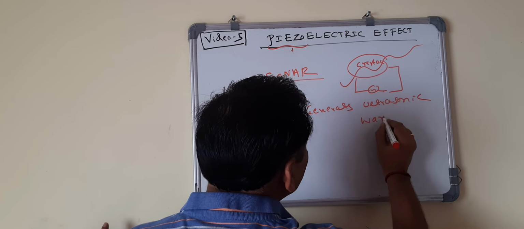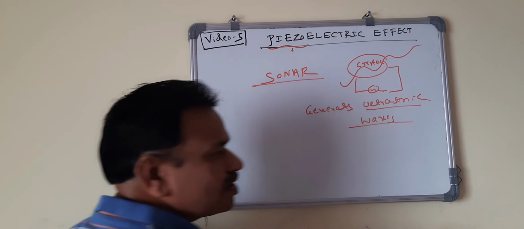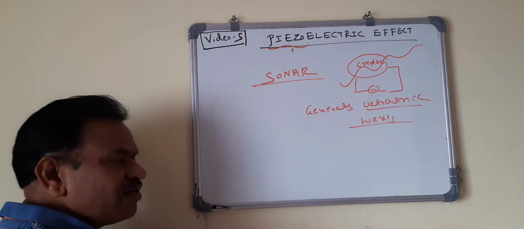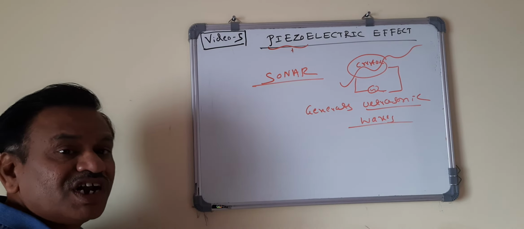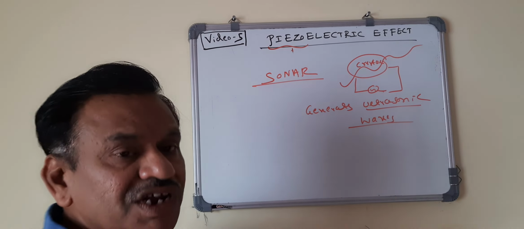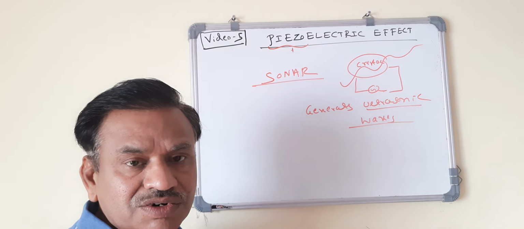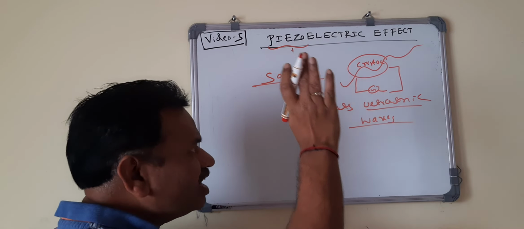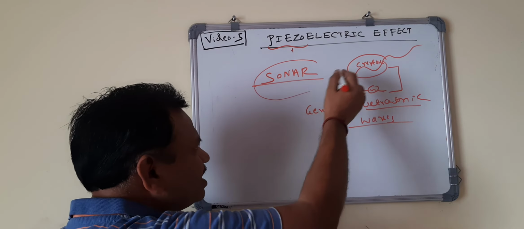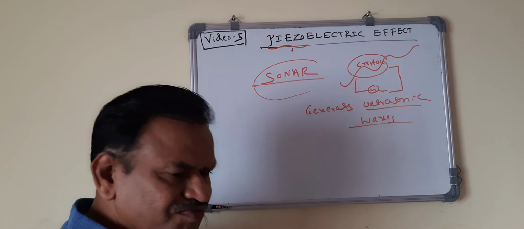They are mechanical waves. You have studied at high school level also that these ultrasonic waves are used in sonar to detect enemy navy craft or something. That's why it is called sound navigation and ranging. Don't worry about all these things here, just write only this much.